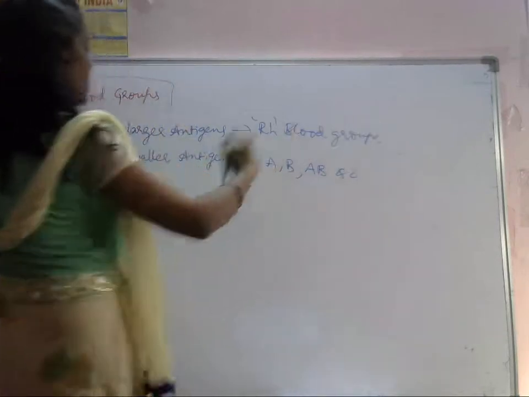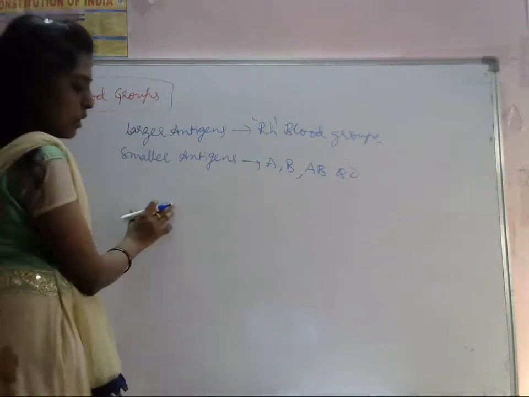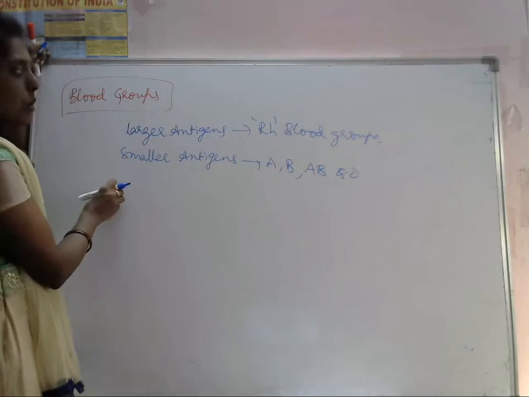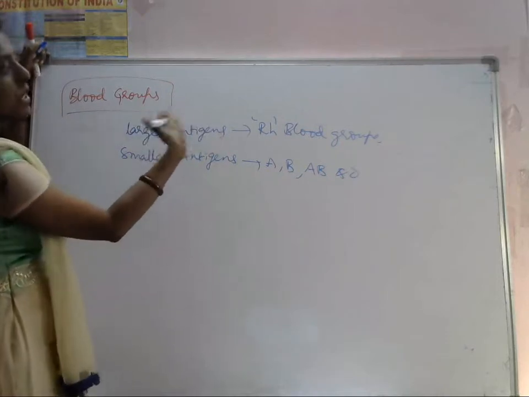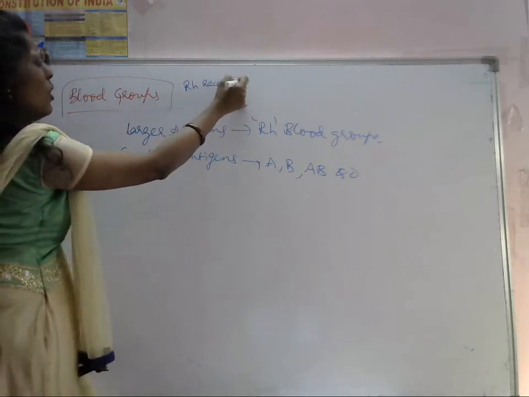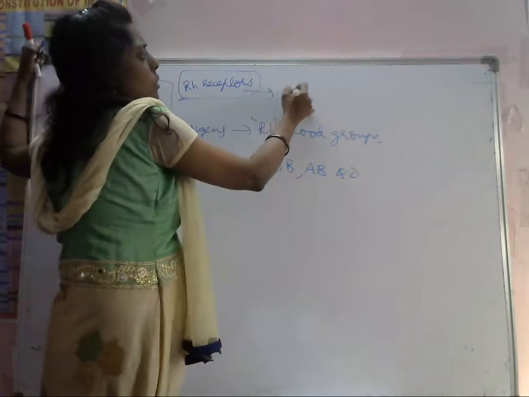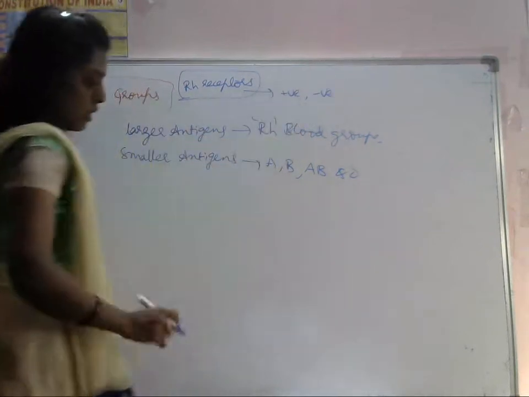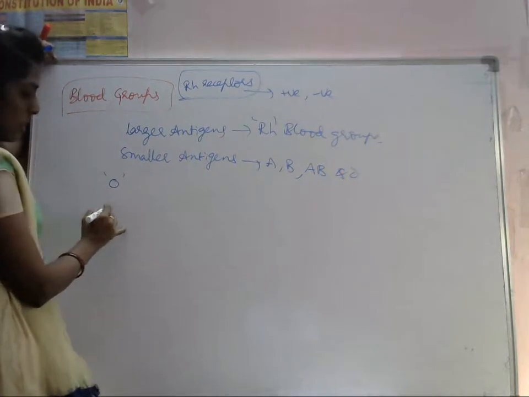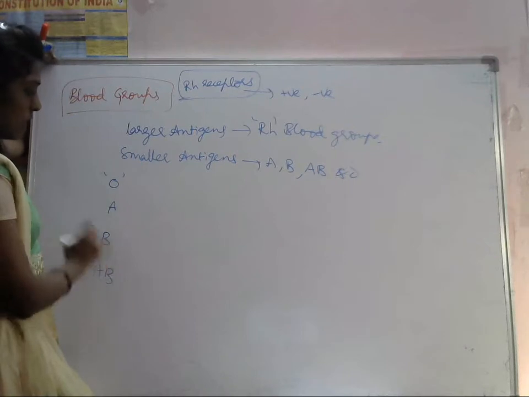The Rh receptor is also present, and based on the Rh receptors we categorize positive and negative. So here we have O, A, B, AB.